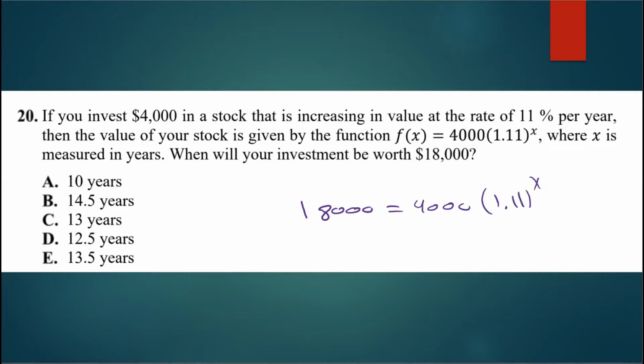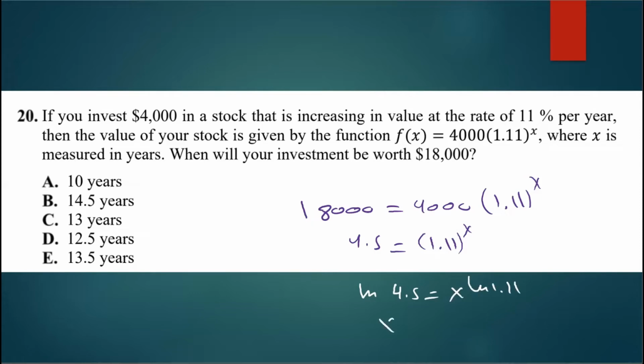So if you divide here, you get 4.5 equals 1.11 to the x. So you can calculate x by taking the log of both sides, the log of 4.5 to the base 1.11. You can do that, or much better, take ln of both sides, to say ln 4.5 equals x ln 1.11.